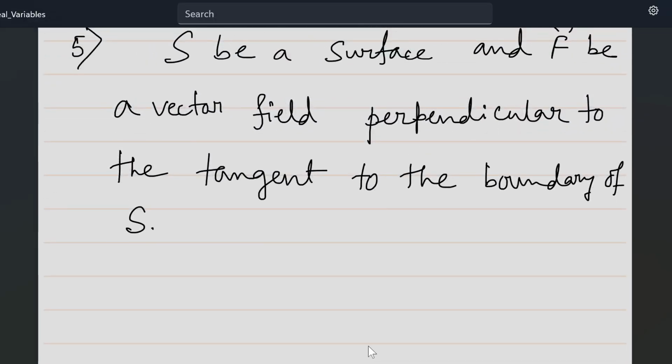S be a surface and F is a vector perpendicular to the tangent to the boundary of S.